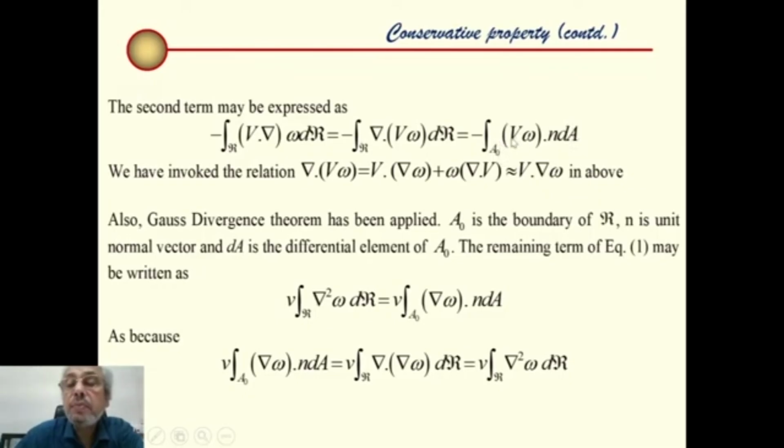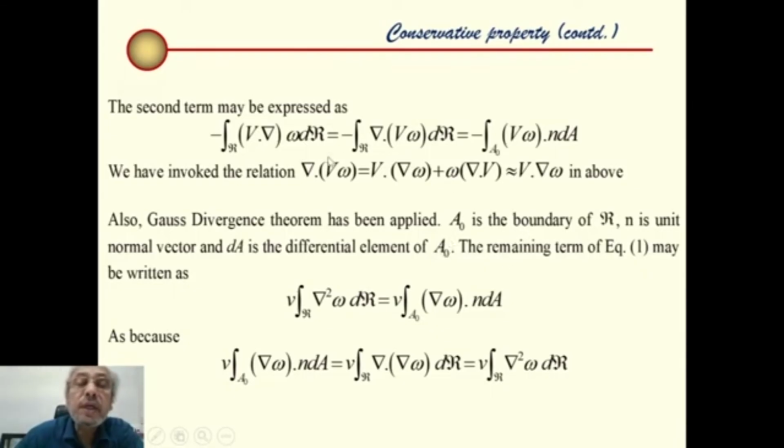So v omega dot n dA, where n is the unit normal vector. In this operation, the Gauss divergence theorem has been applied, and A naught is the boundary of R, n is the unit normal vector, and dA is the differential element of A naught.